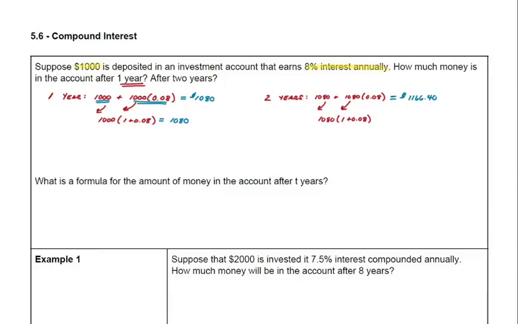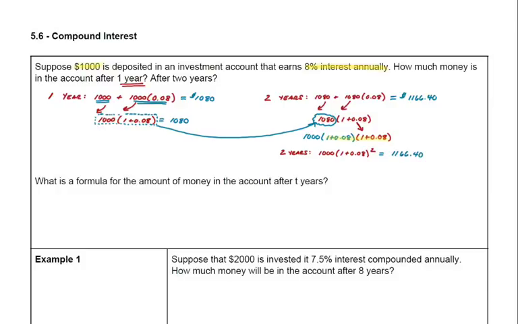Now going back to what we had in year 1, I can take 1,080 in my year 2 calculation and replace that with 1,000 times 1 plus 0.08. You can see that I'm doing that here. Now if you look at it, my year 2 calculation can also be thought of as 1,000 times the quantity 1 plus 0.08 times the quantity 1 plus 0.08, which I can simplify to 1,000 times 1 plus 0.08 squared, which still gives you the same amount.